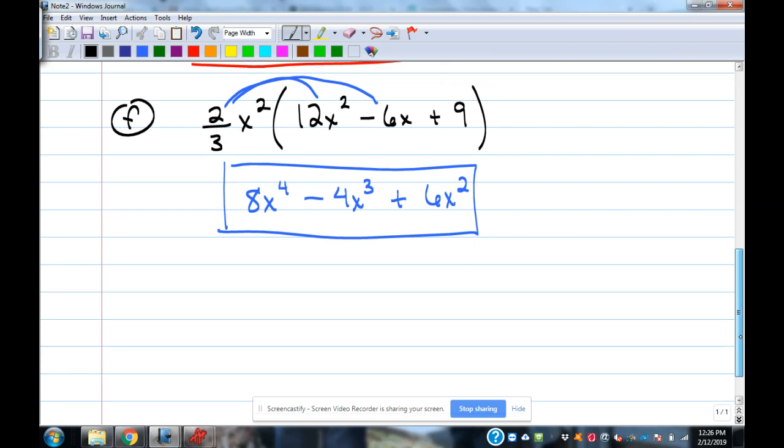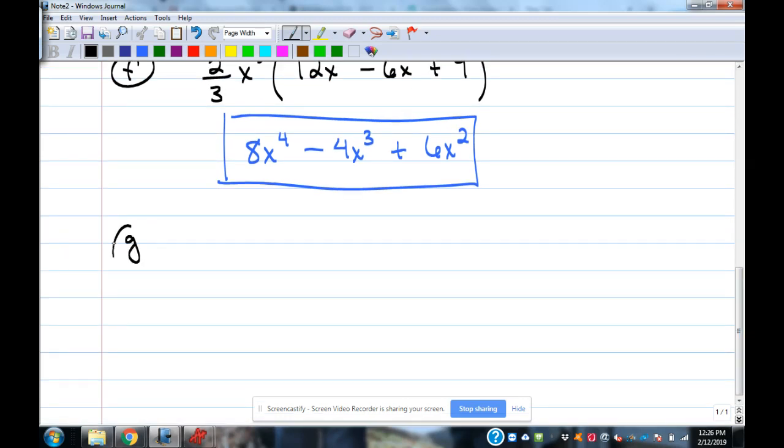Let's look at the next step in work here, taking x minus 4 times 3x plus 2. Okay. How many things are in this? 2 of them. So that means we're going to do distributive property how many times? Twice. 2 times. Okay.